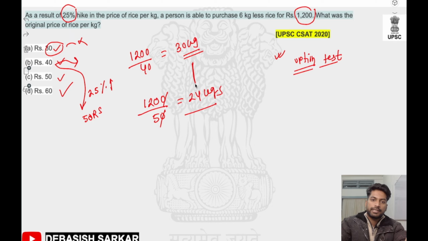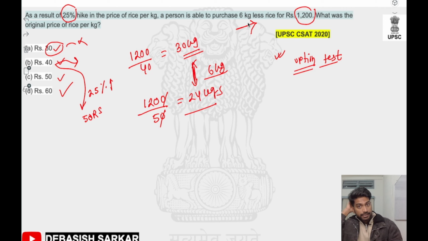So look, the difference is 6 kg, and it's satisfying. After increasing 25%, he is getting 6 kgs less rice. At 40 rupees per kg the data is satisfied. So this is your answer. Next question.